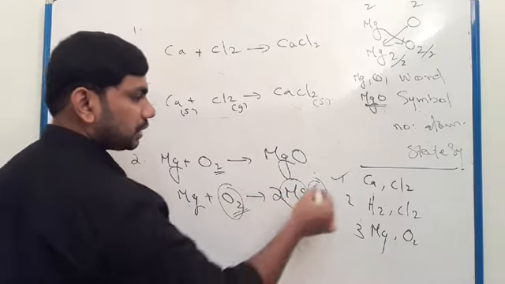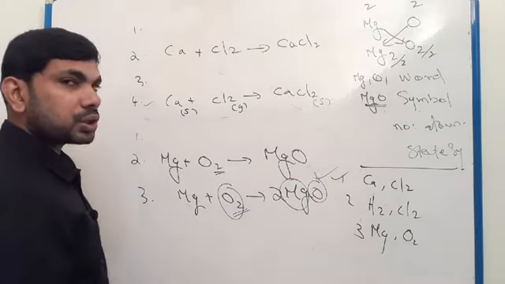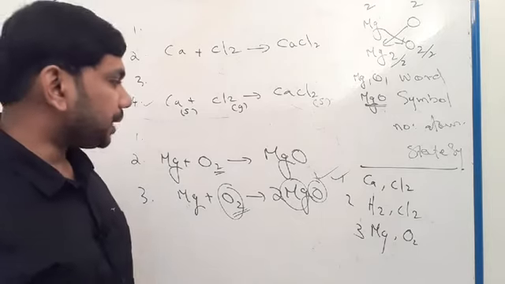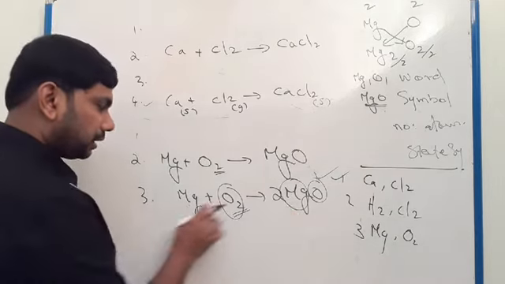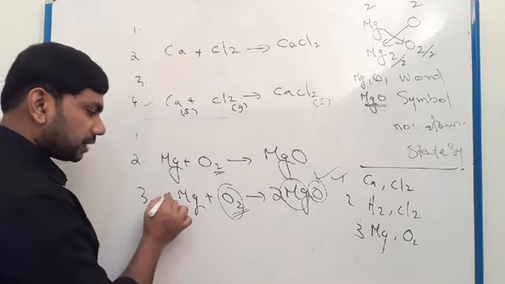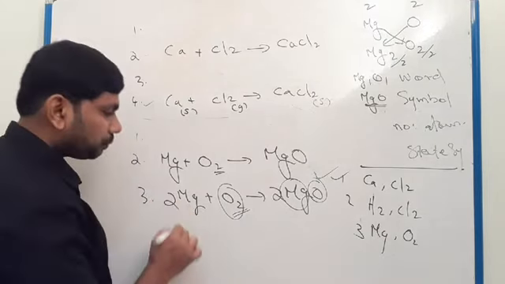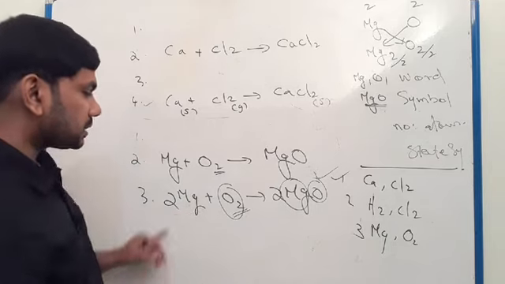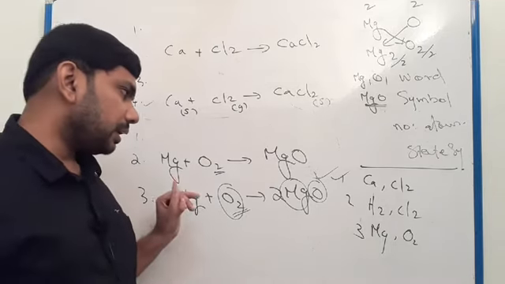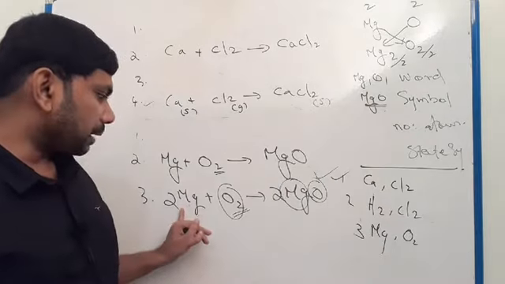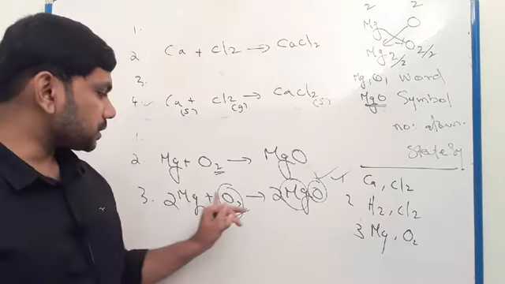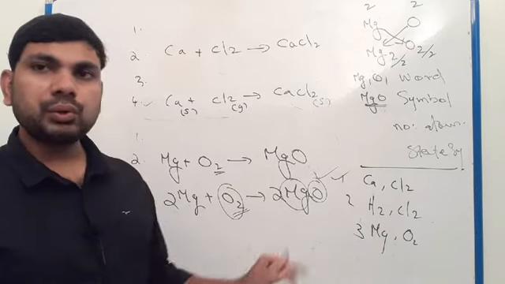Oxygen is balanced, but magnesium is not balanced. Here 2 magnesium, here 1 magnesium. So you must write 2 here. So this is the equation, 2 Mg plus O2 giving 2 MgO. Here the number of atoms are balanced.